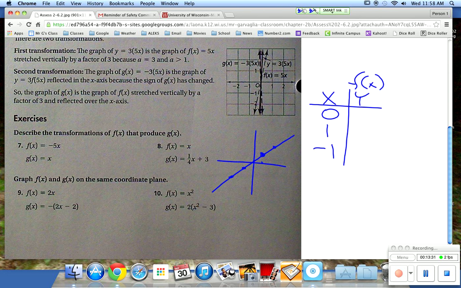Now I take 1/4 x. If I put in 1 or 0 for my x, what's my y going to be? 3. If I put 0 in for my x, what is my g of x going to be? This can be g of x also. That's my y, right?